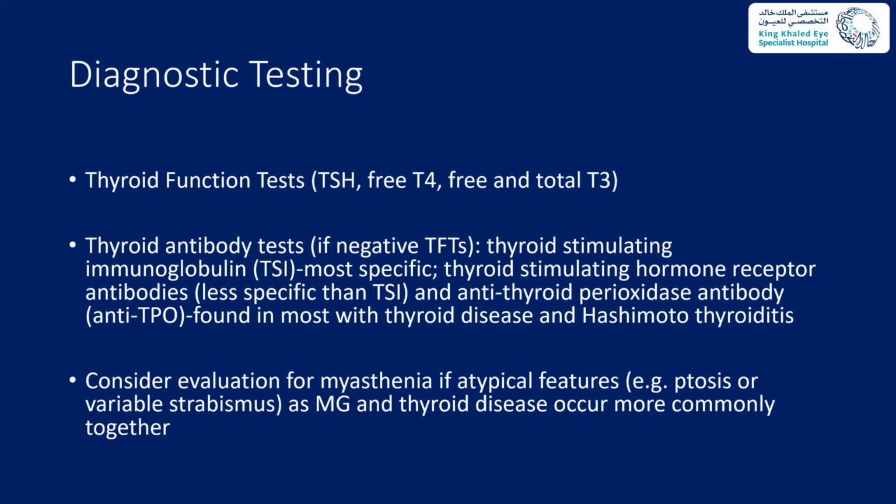The thyroid stimulating immunoglobulin is the most specific of these. Consider evaluation for myasthenia if there are atypical features such as ptosis or a variable strabismus, or if you see exotropia, as this is less common in patients with thyroid eye disease. Myasthenia gravis and thyroid eye disease occur more commonly together.